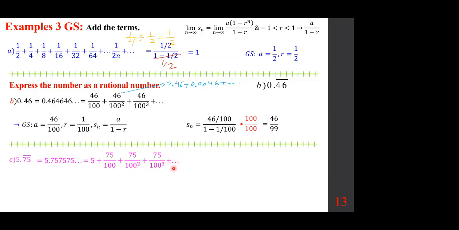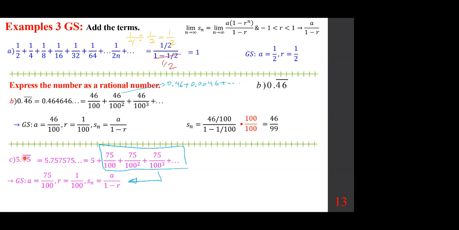So this portion follows a geometric sequence just like this, where the first term is this, but the R is the same R, 1 over 100. This portion follows that, not the number 5 in front.